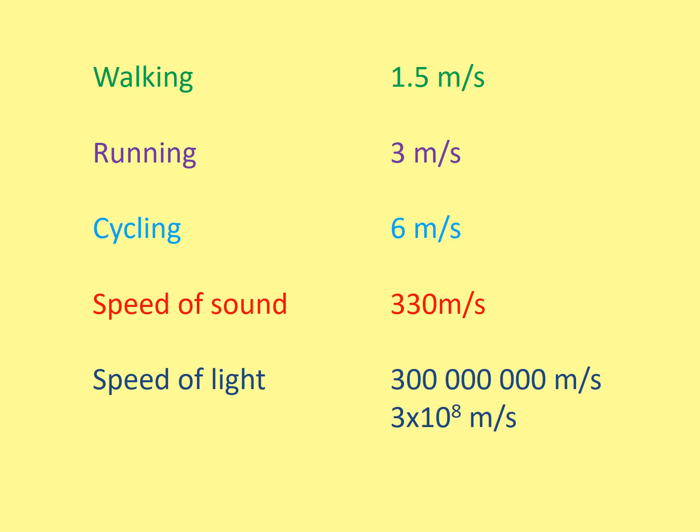Light travels at 300 million metres every second, which can also be written as 3 times 10 to the 8 metres every second. I'd like you to pause this video and say all of those speeds just like I've done.